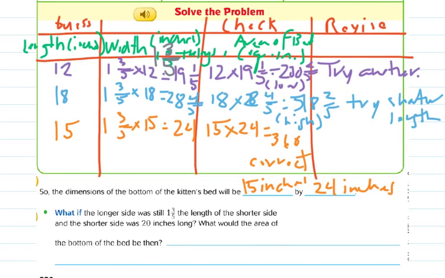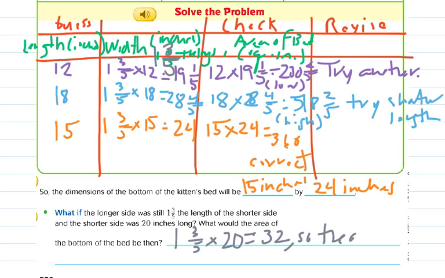It says, what if the longer side was still 1 3/5 the length of the shorter side, and the shorter side was 20 inches long? What would the area of the bottom of the bed be? So what we would do then, boys and girls, is we would take 1 3/5 and we would multiply it by 20 to get the other side. And we would get 32.